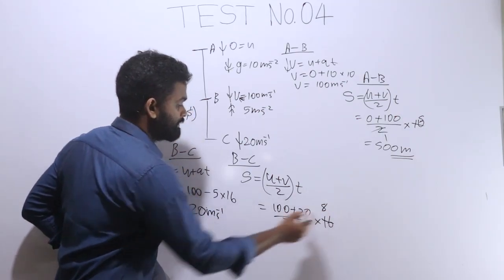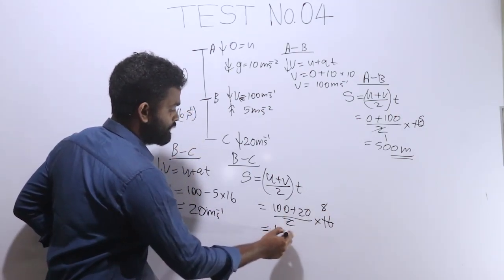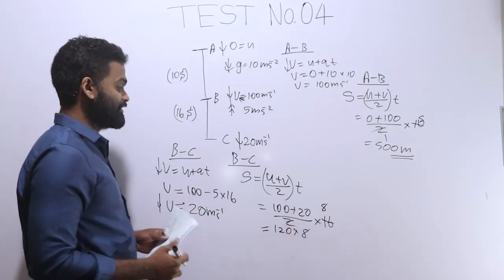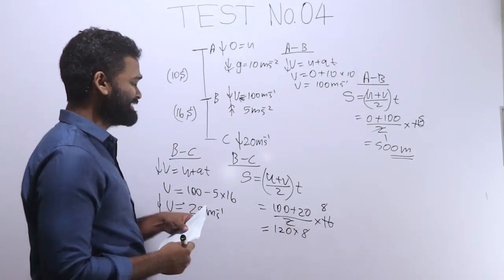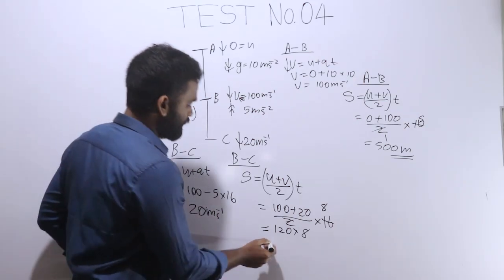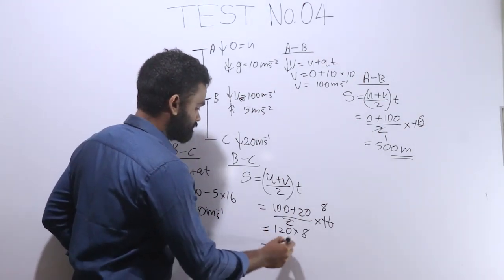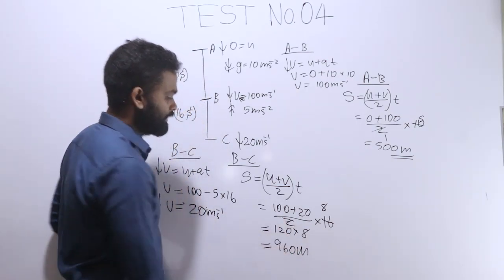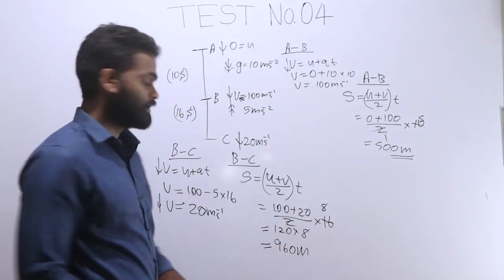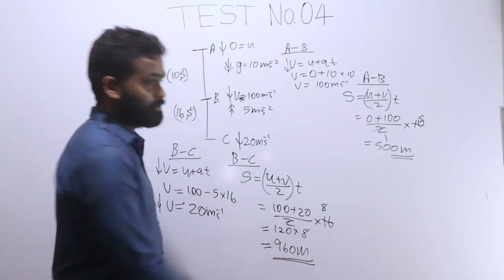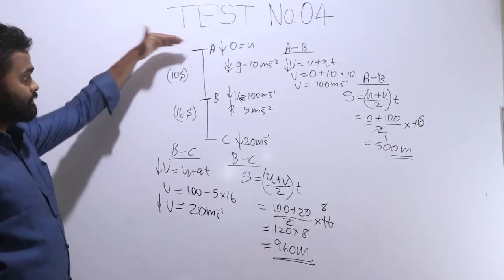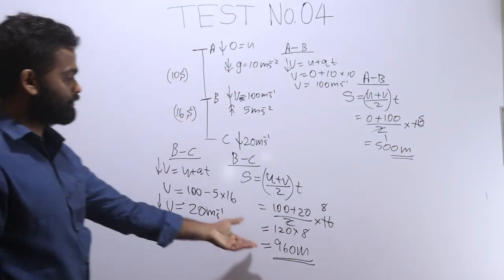So this is 120 divided by 2, that is 60, times 16, which is 960 meters. So this is the distance between B and C. In order to find the total distance from A to C, you just have to add these two.